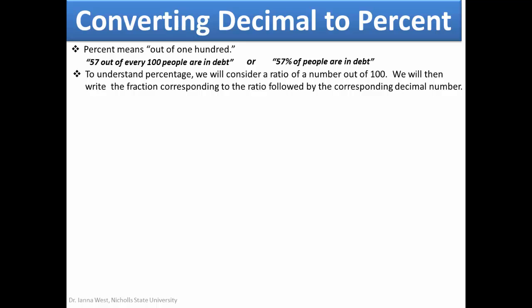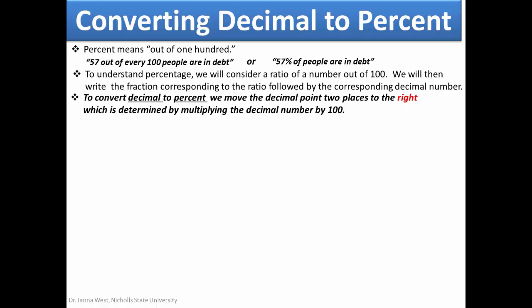We will then write the fraction corresponding to the ratio, followed by the corresponding decimal number. To convert decimal to percent, we must move the decimal point 2 places to the right. This is actually determined by multiplying the decimal number by 100.